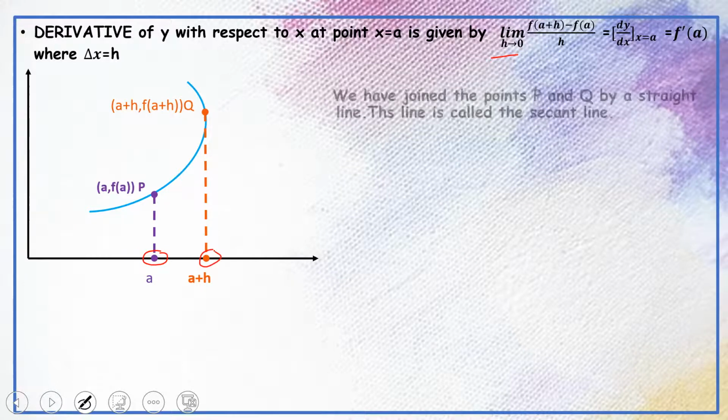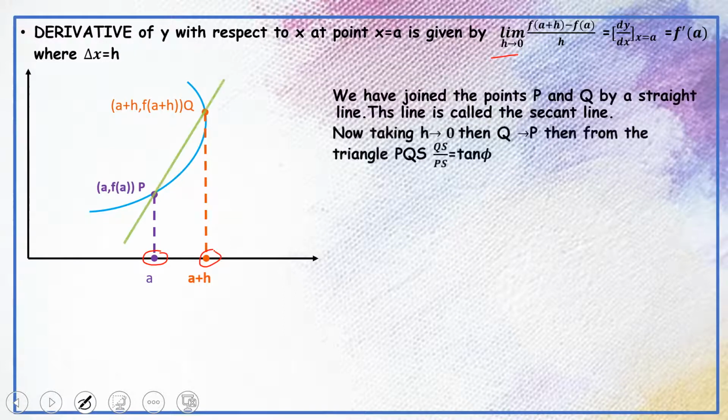Okay, so let's join P and Q by a straight line, and then we let h tend to 0. If h is a very small distance, or it is tending to 0, then what are the changes in this line PQ?